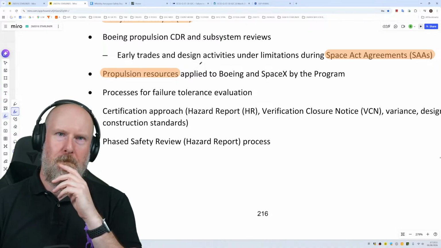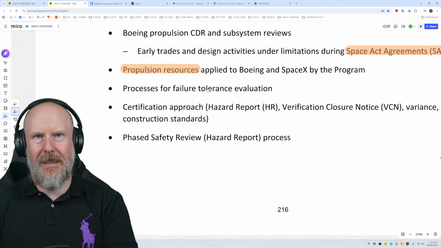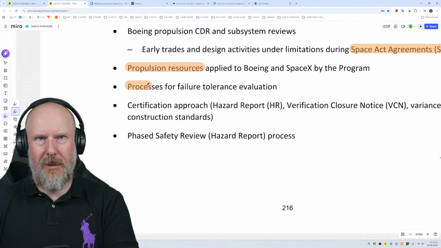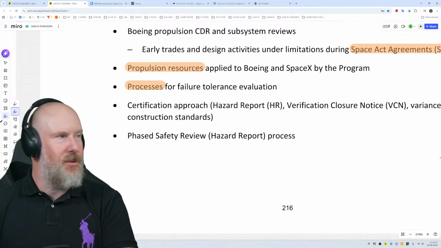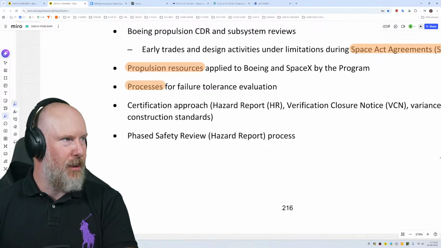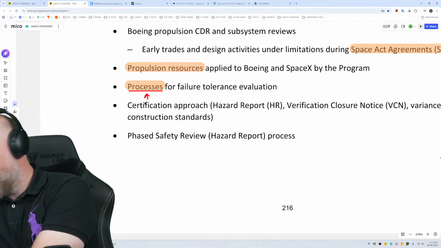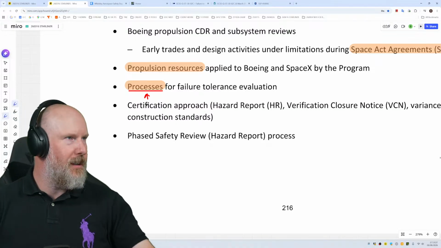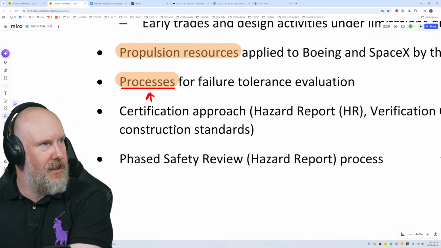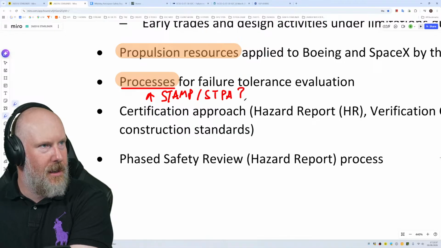Let me know. Processes for failure tolerance evaluation. So that's interesting because you could probably stick STPA in there if you wanted. Let me get my pen. See if this works. Processes, STAMP/STPA. There we go.